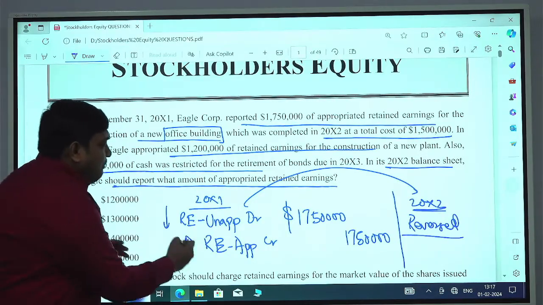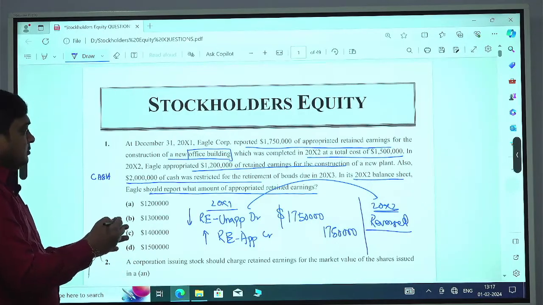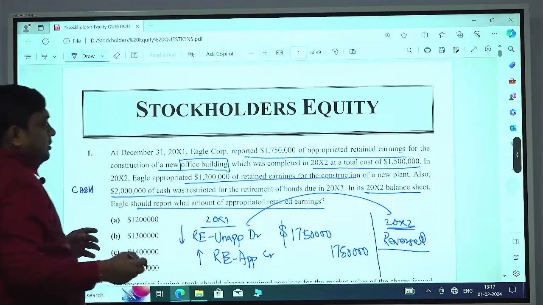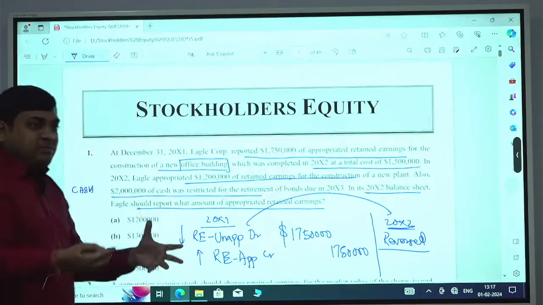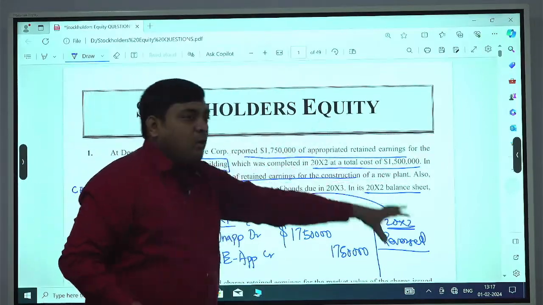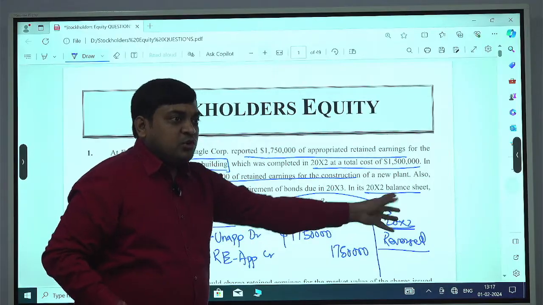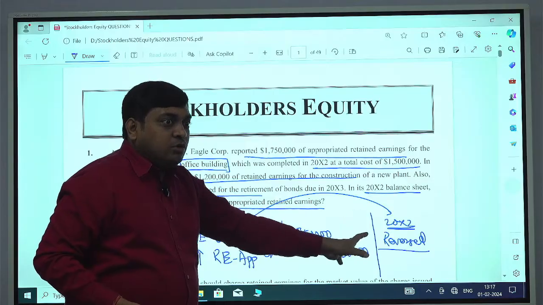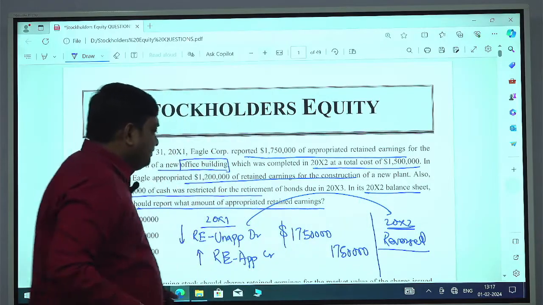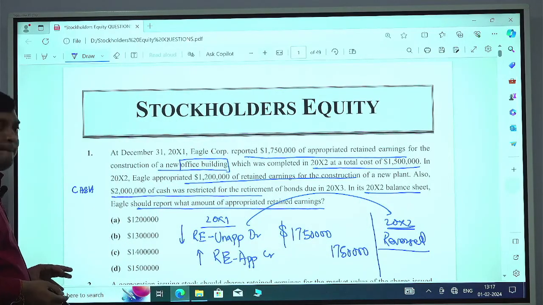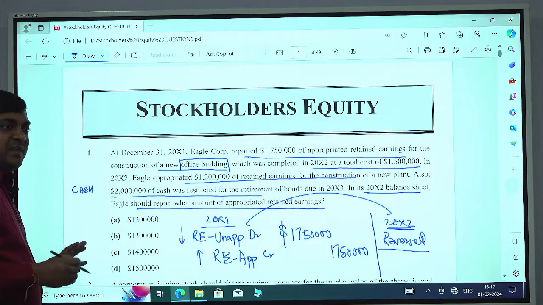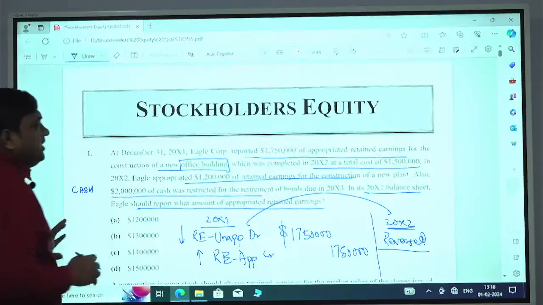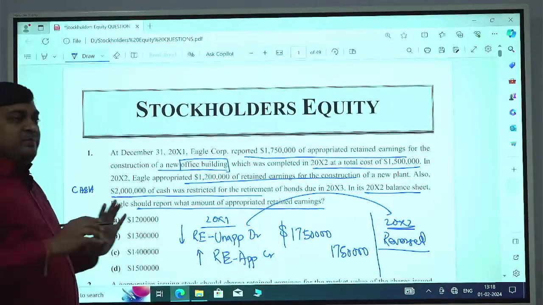Whatever appropriated retained earnings you created in 20x1, the purpose is already over, so you reverse that. Clear? This restricted cash will be shown as a current asset.